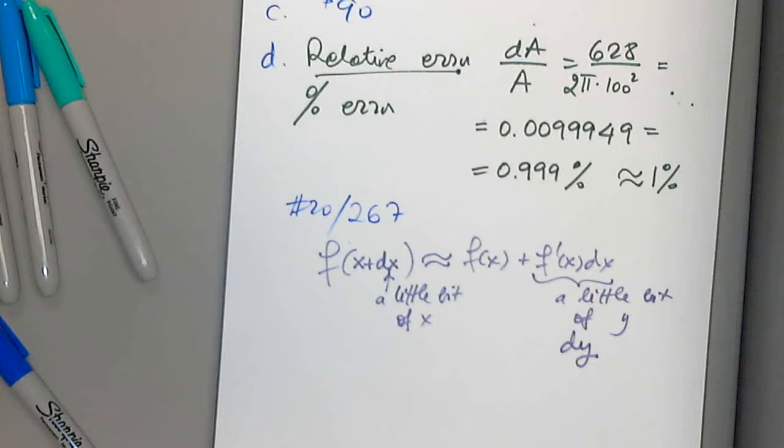So f of x plus a tiny bit is approximately f of x plus a tiny bit of y. So if this is 60 and this is 1, this is 60, and this is 1.